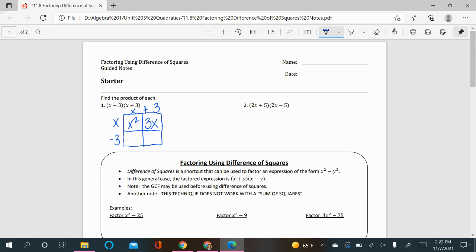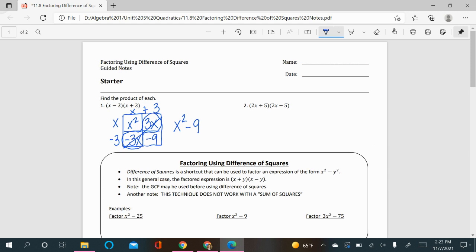Negative 3 times x is negative 3x. And negative 3 times 3 is negative 9. Remember, when combining like terms, negative 3x plus 3x will cancel, and the result would be x squared minus 9.